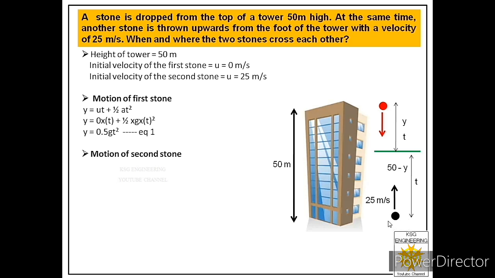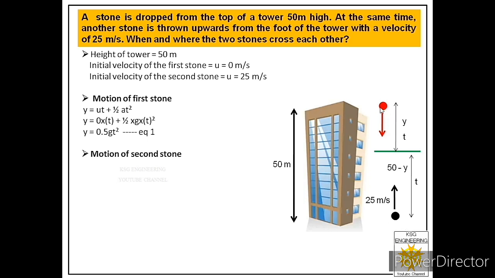So three equations are applicable to this stone also, and from those three equations we will choose the second equation, which is s = ut + ½at², because over here we are dealing with distance and time, and we are given the initial velocity of the stone, and moreover we have to relate the motion of the second stone with the motion of the first stone.